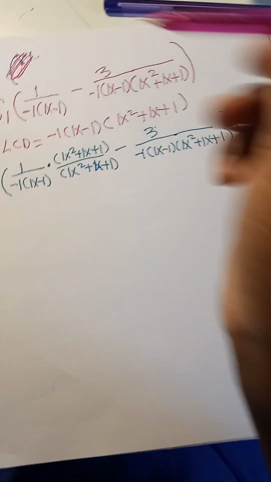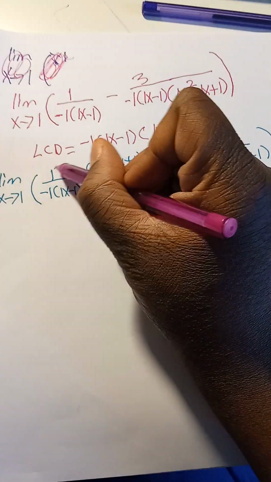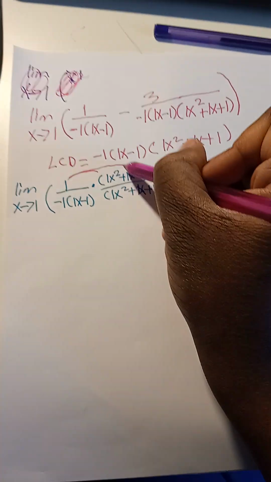Now we need to distribute in the numerator here, so it's going to be 1 times 1x squared, and then times 1x, and then times 1.